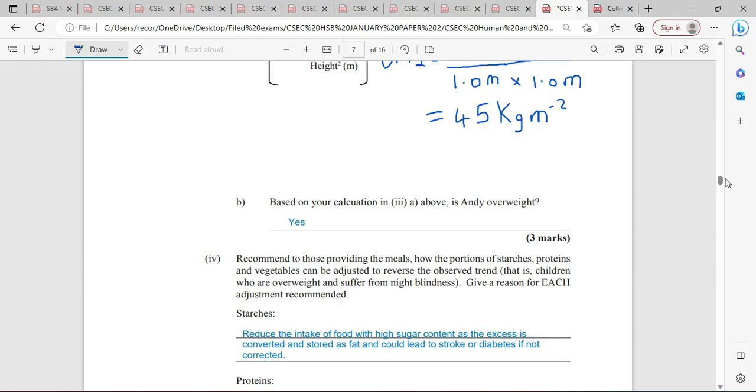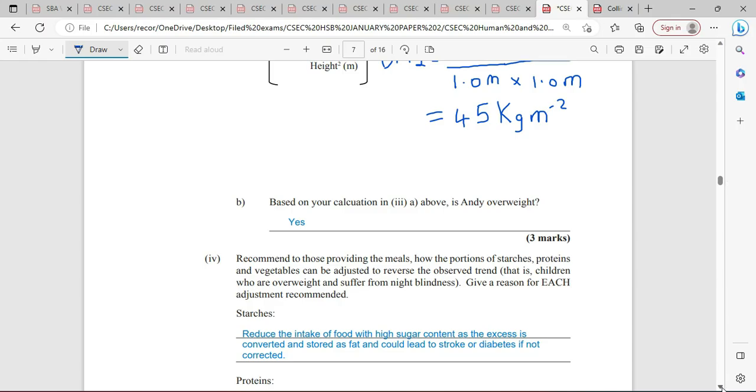So we need to reduce the intake of starch, as the excess starch that is provided in the diet is going to be converted and stored as fat. And this could, of course, lead to strokes or diabetes, and there are several other debilitating conditions that could affect these children if this starch content in the food is not corrected.